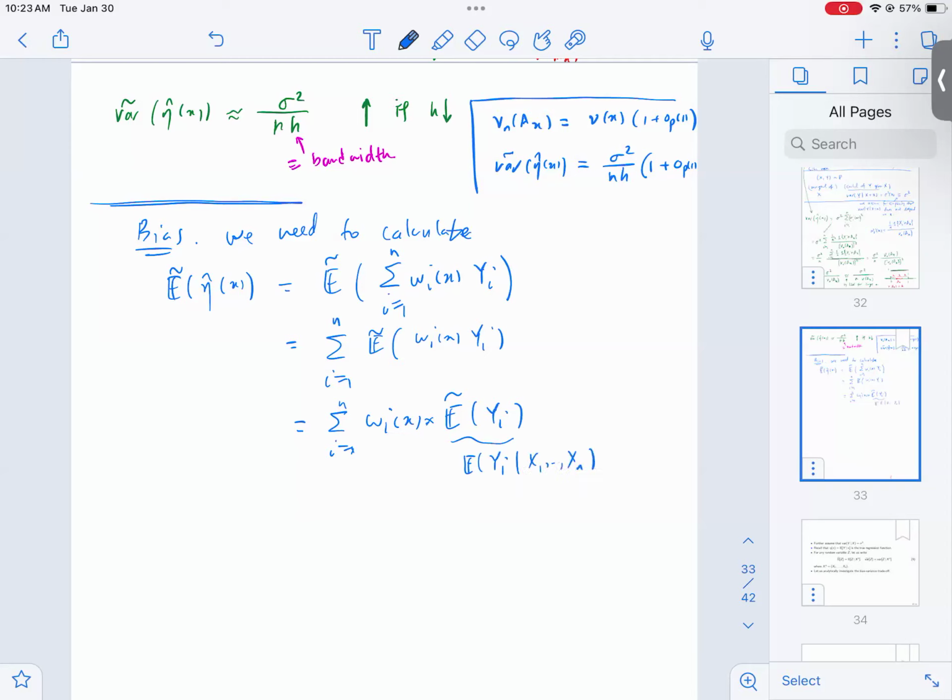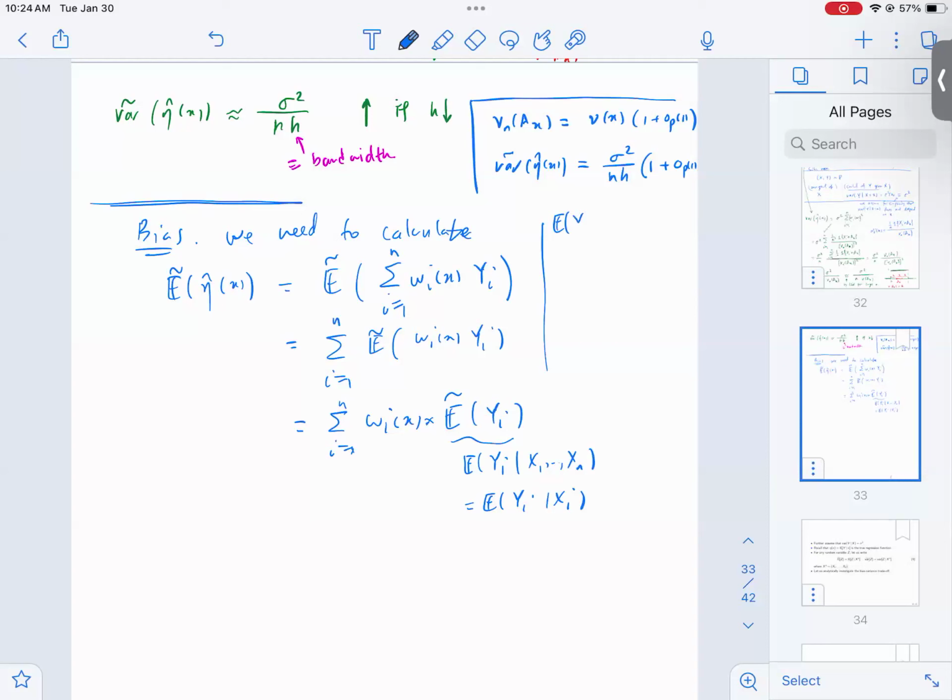And by conditional independence, it only depends on the expectation of y_i given x_i. Now, what is the expectation of y_i given x_i? Eta of x. Great. This is eta of x.